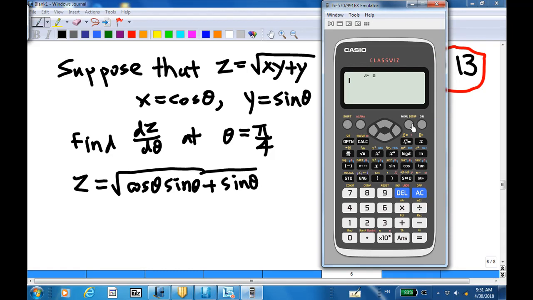You can do shift, setup, angle, number 2 for radian mode.